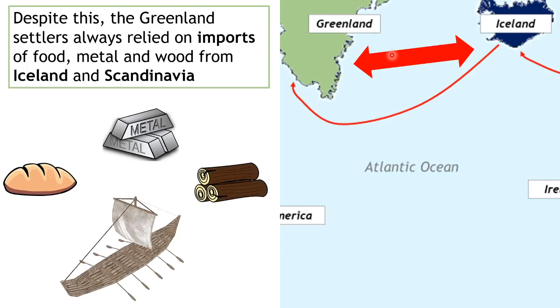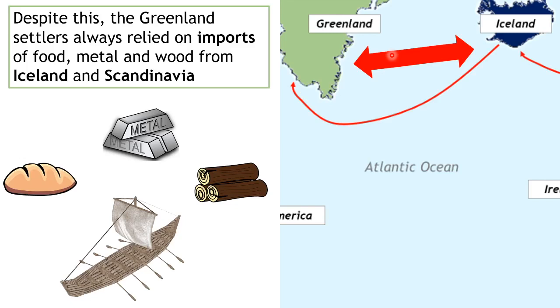There weren't enough trees in Greenland. That wood had to come all the way from Scandinavia via Iceland. So even though the Greenlanders had these valuable goods they could trade, they had to trade them for food, metal, and wood because they didn't have any of that themselves.